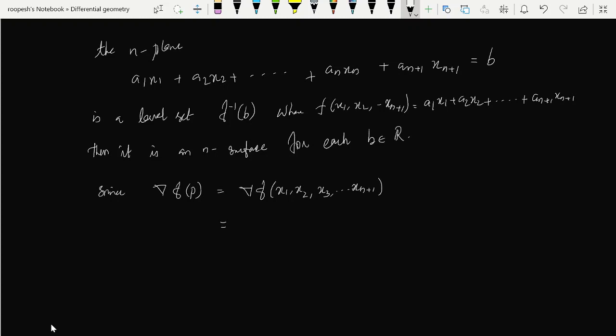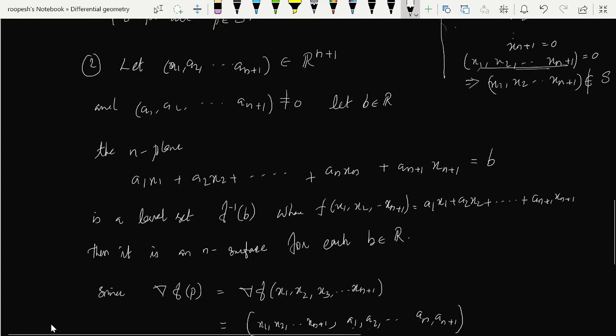When you are finding del of this, it is nothing but (a1, a2, ..., a_n, a_{n+1}), and we have assumed that this (a1, a2, ..., a_{n+1}) is not equal to 0.